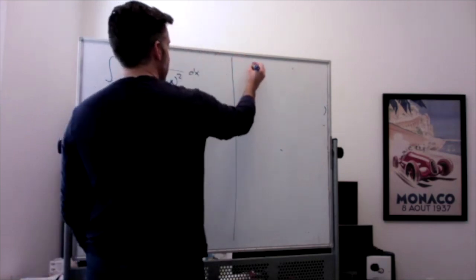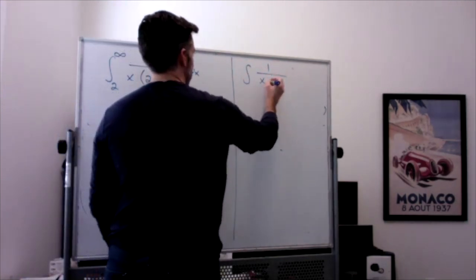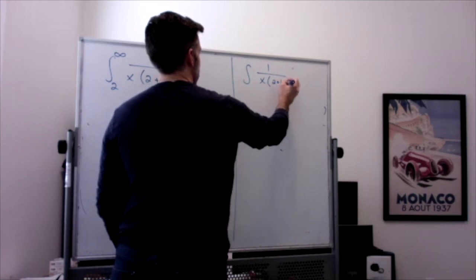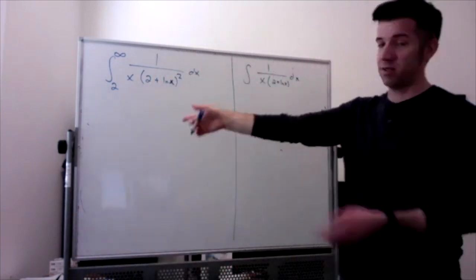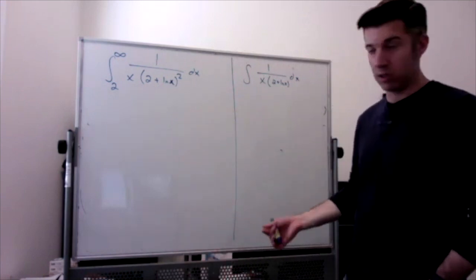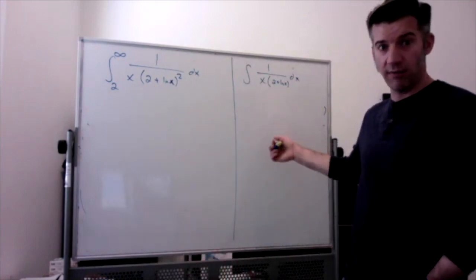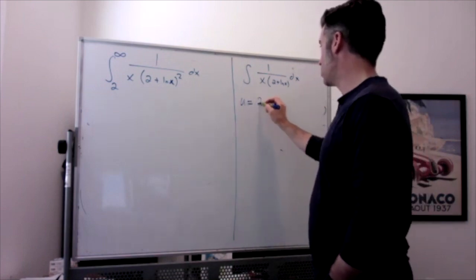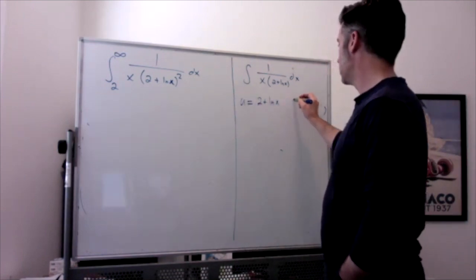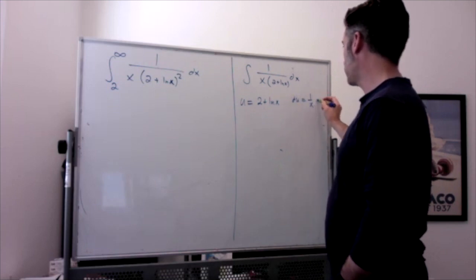I'm going to do the indefinite integral. And if you have a question like this on a test, I do recommend showing this work. So show the work for the integration indefinitely. So u is going to be 2 plus natural log of x. Du is going to be 1 over x dx.